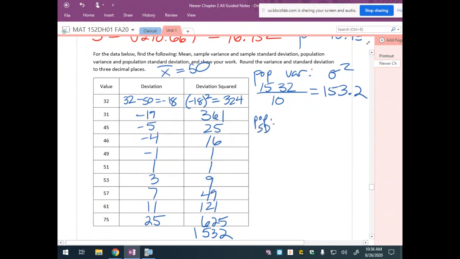Population standard deviation is simply the square root of 153.2, and we get 12.377.